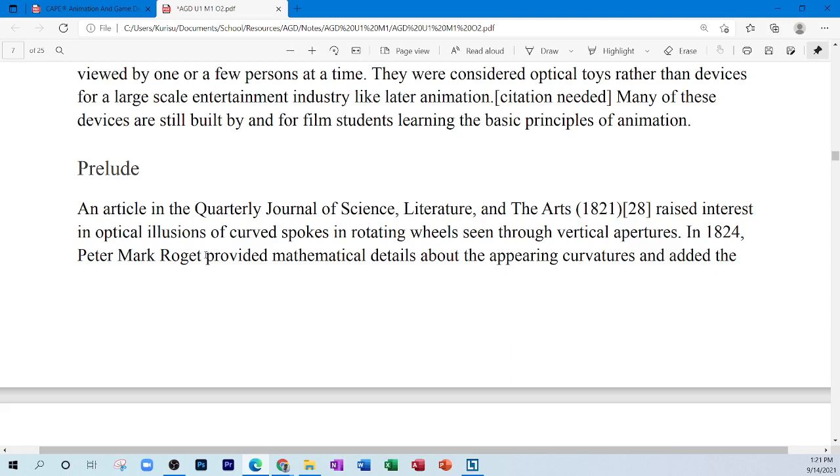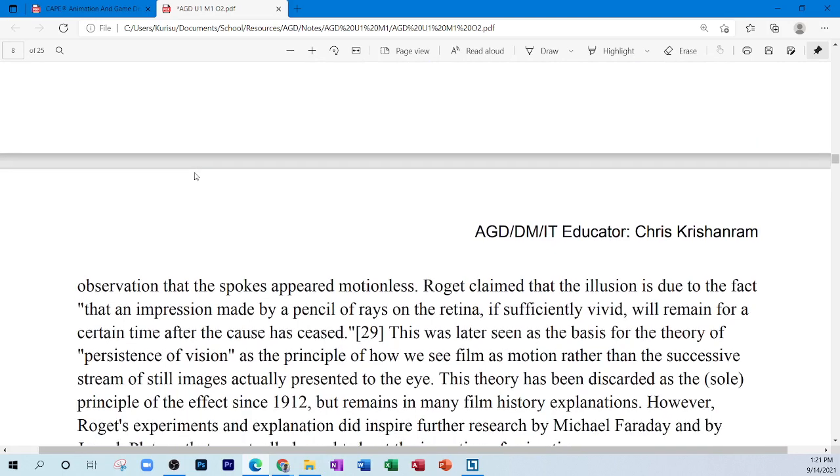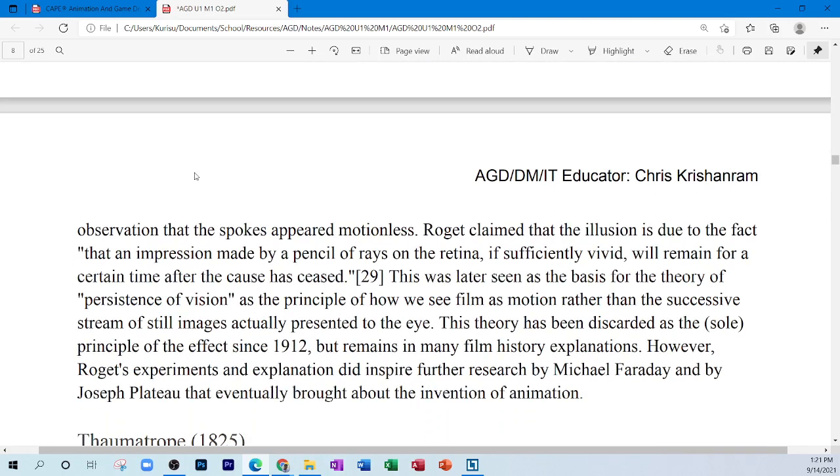In 1824, Peter Mark Roget provided mathematical details about the appearance of curvatures and added the observation that the spokes appeared motionless. Roget claimed that the illusion is due to the fact that an impression made by a pencil of rays on the retina is sufficiently vivid to remain for a certain time after the cause has ceased.